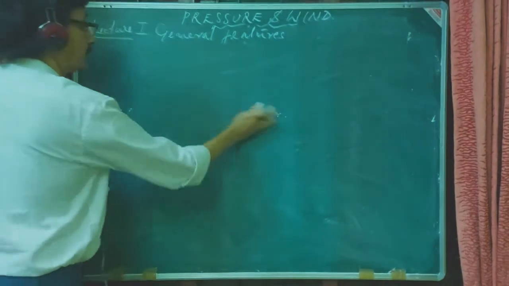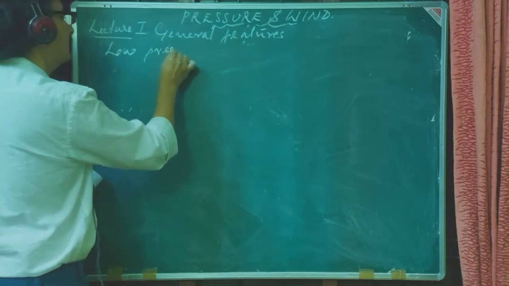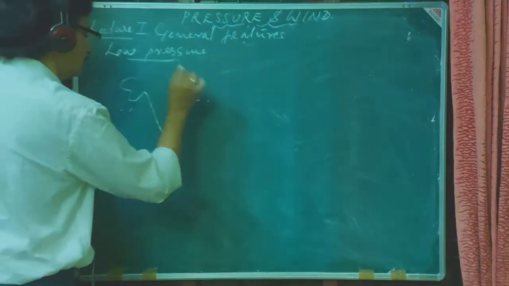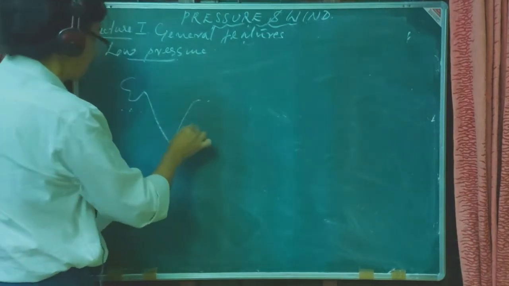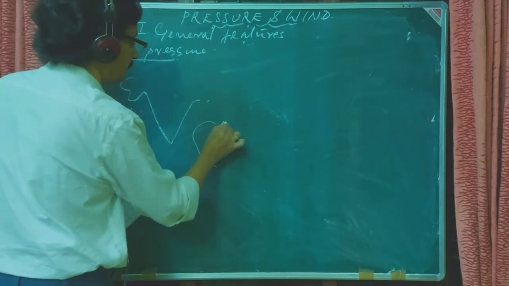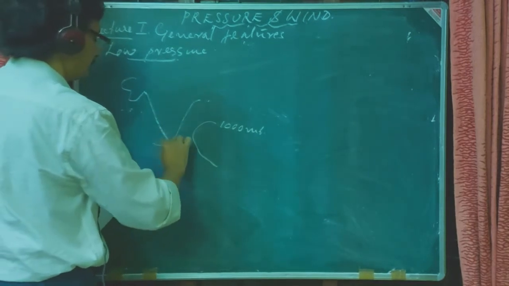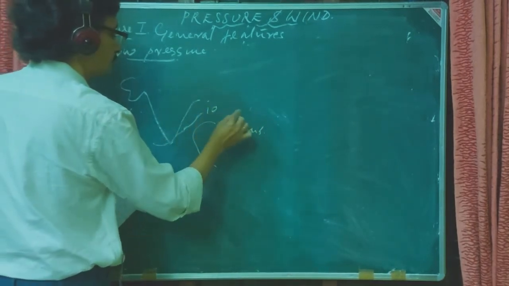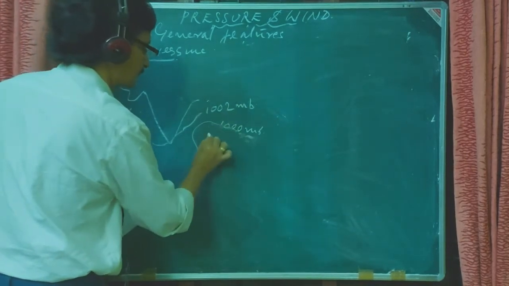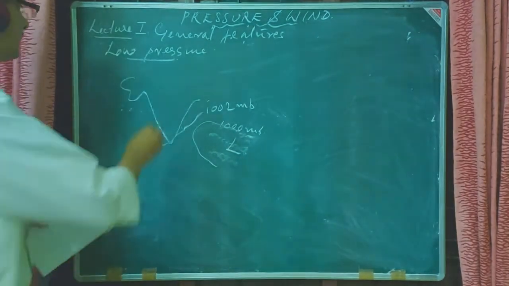Say we will call this low pressure. Low pressure is nothing but, if we have a map, say in this map this area is characterized by 1000 millibar, whereas here it is, let it be, 1002 millibar, this region we will call a low pressure area. This is an India map.